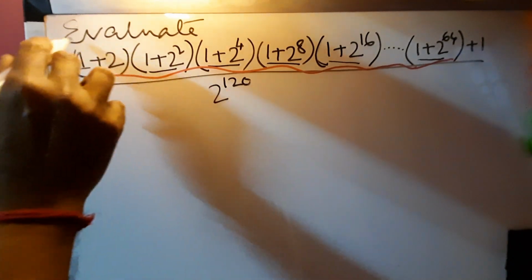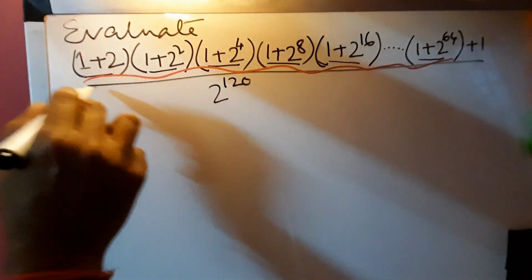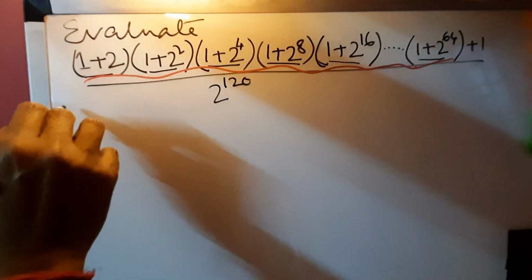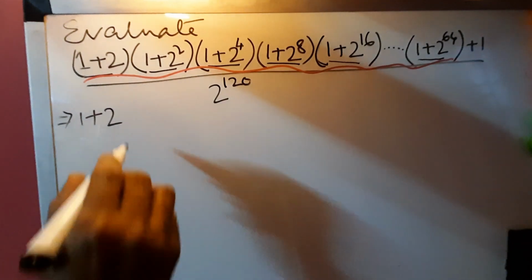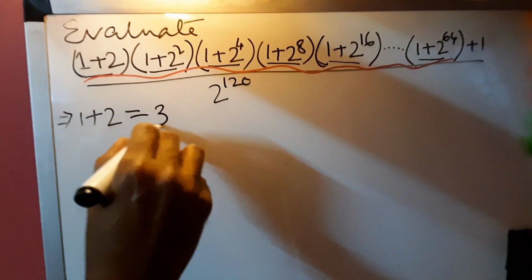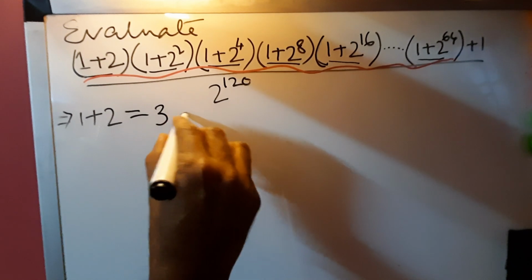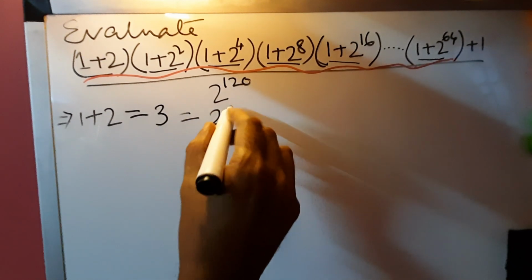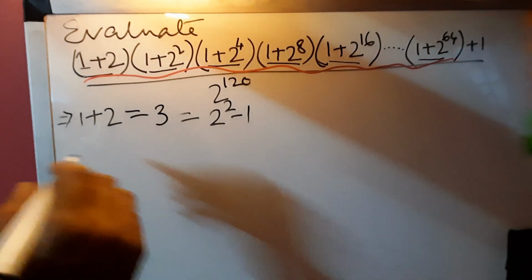First we have to rearrange this number 1 plus 2. So 1 plus 2 equals 3, and we can write 3 as 2 to the power 2 minus 1. Got it?